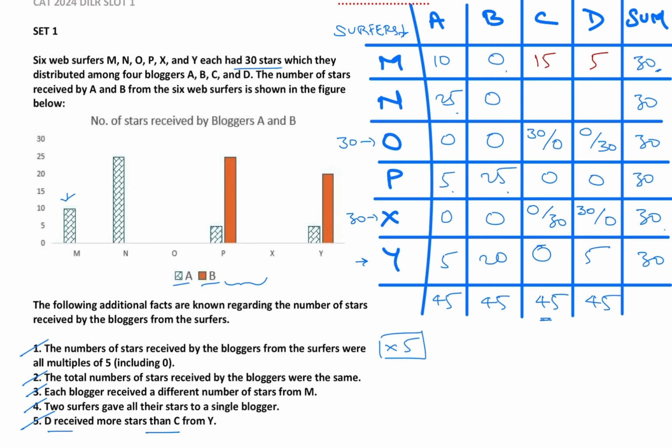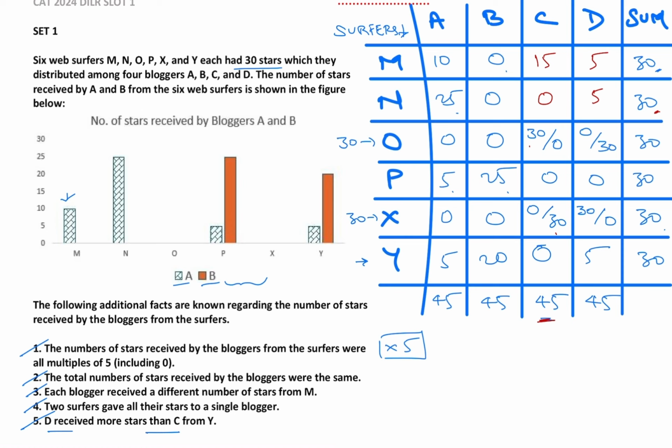Now if C is 15, I have to take 30 from either O or X. Okay. So 30 plus 15 will give me 45. My sum is already taken care of. So that means N will give 0 stars to C. And if it gives 0 stars to C, all I am left with is 5 more stars, which completes my sum of 30.